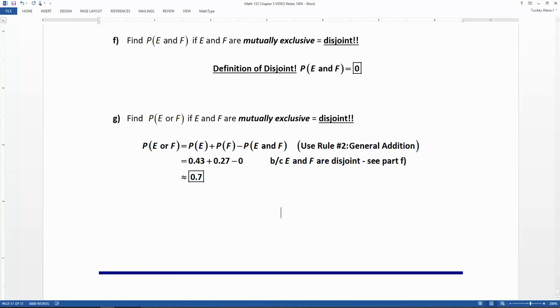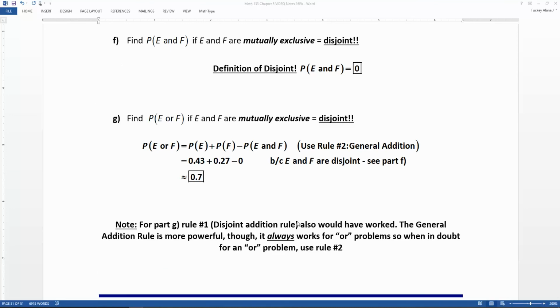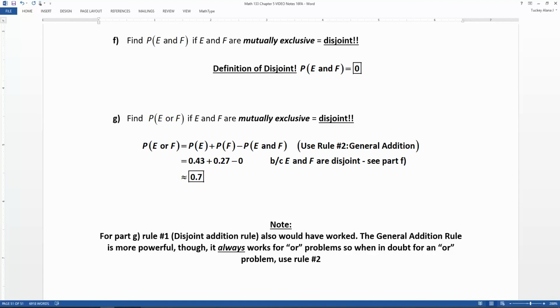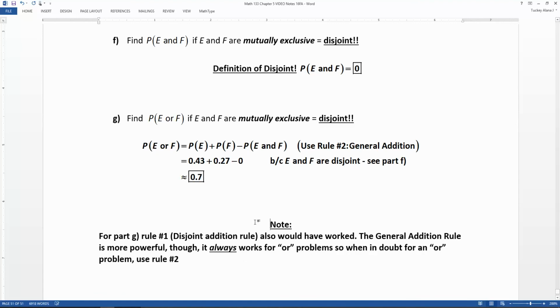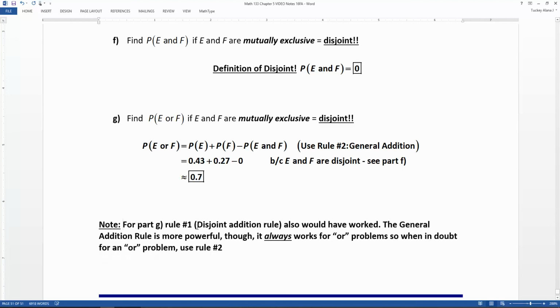So let me type that up real quick. Okay, what I just said. For part G, rule number 1, the disjoint addition rule, would have worked. You just wouldn't have had even the minus probability of E and F in there. And that would have worked great. The thing is that the general addition rule is more powerful. It always works for OR problems.